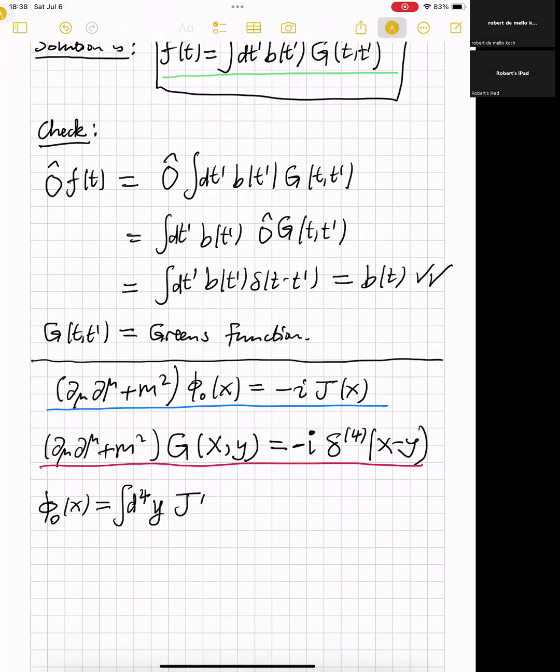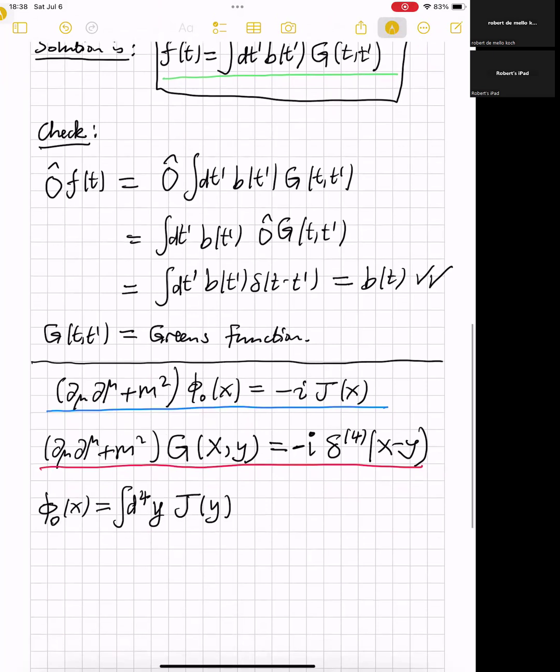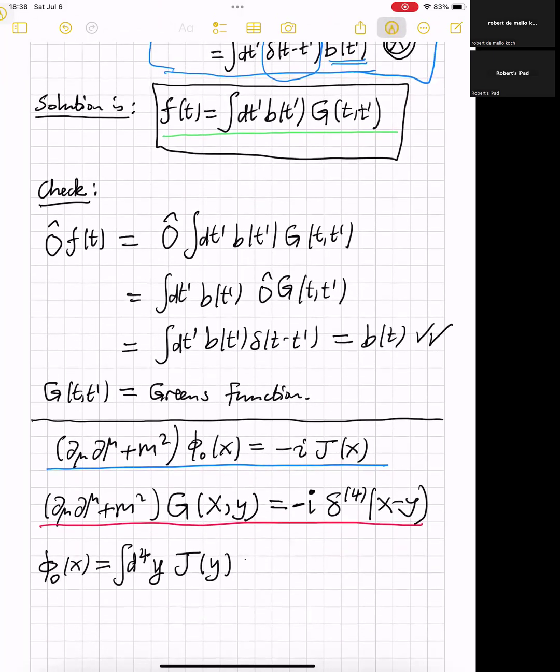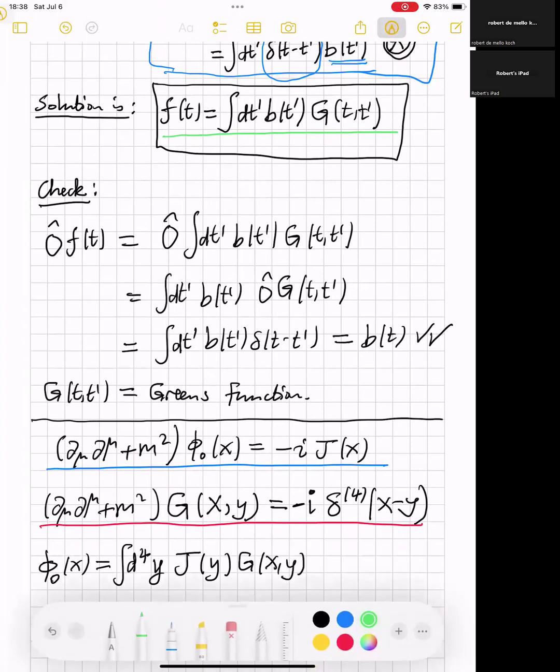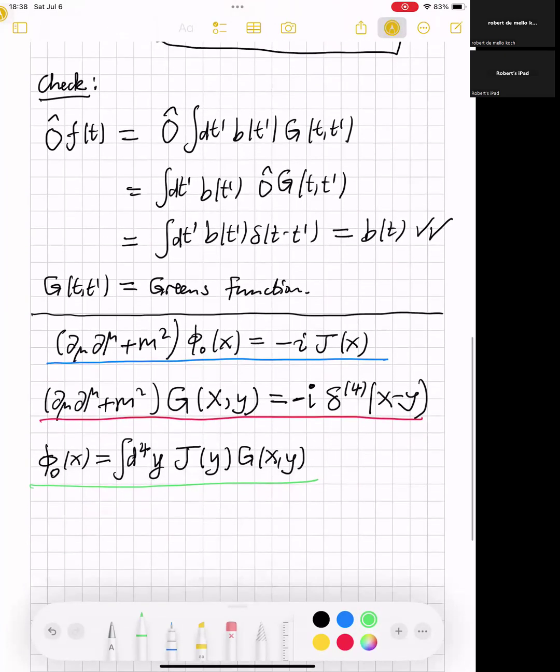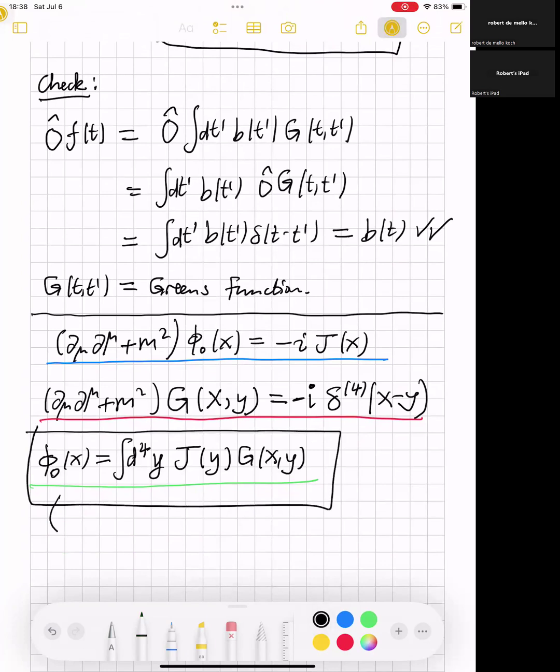So it's just j of y. And then look at the underlined green equation. We should have the Green's function g of x comma y. And this is the analog of the equation underlined in green. And I want you to check that this really is a solution.